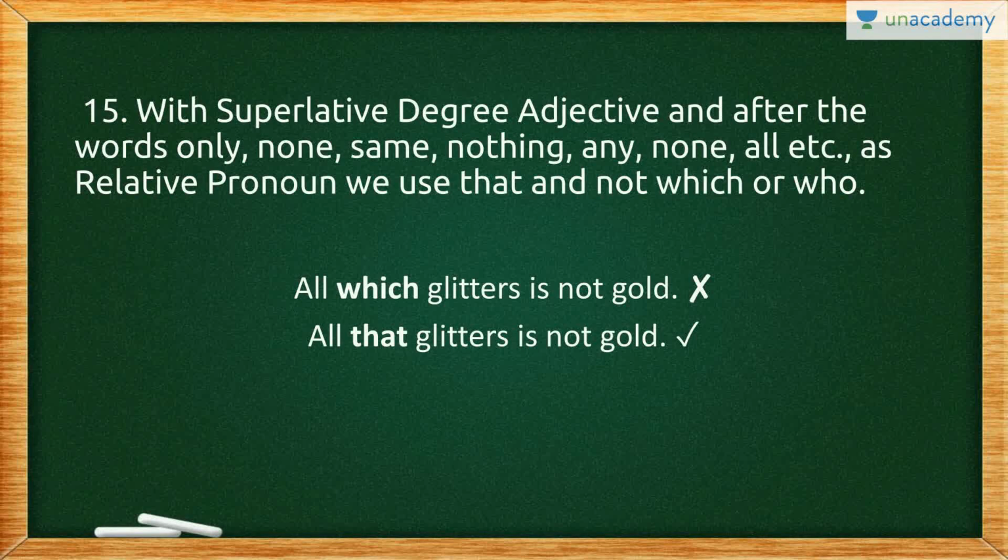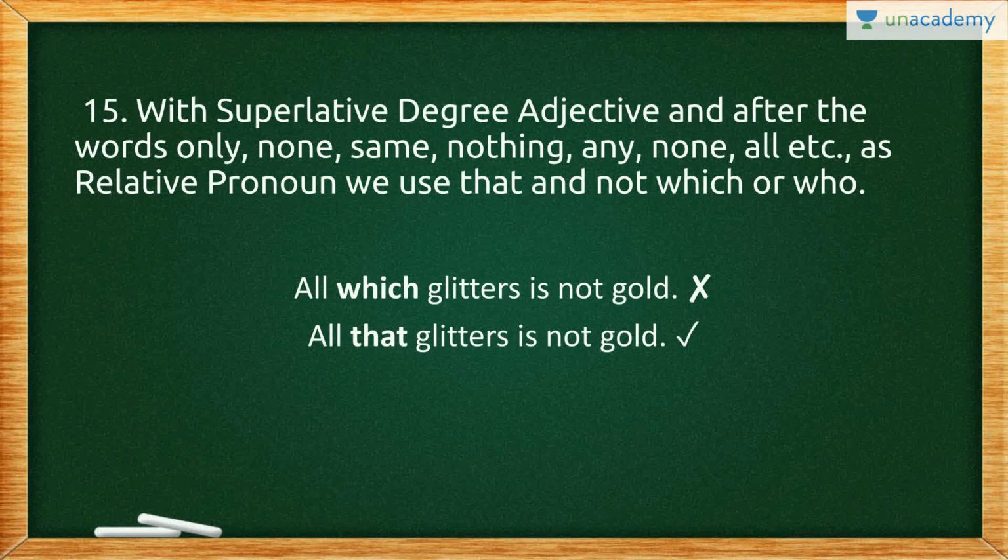Now, let's look at the next rule. With superlative degree adjective and after the words only, none, same, nothing, any, all, etc. as relative pronoun, we use that and not which or who.